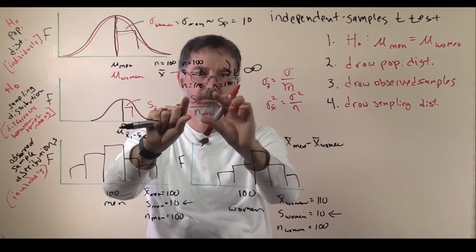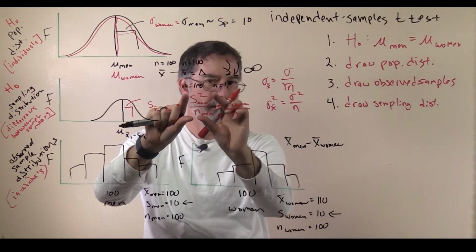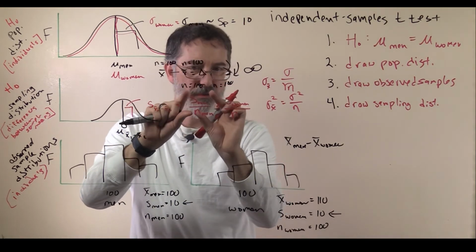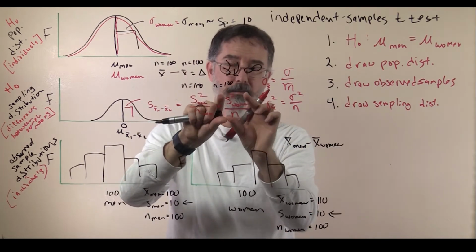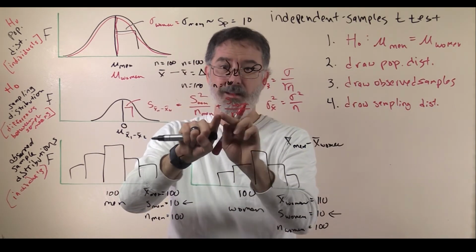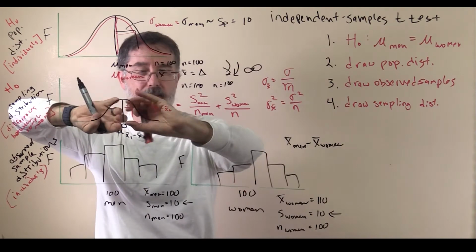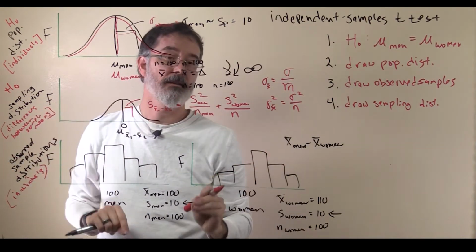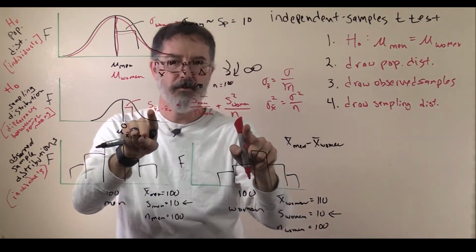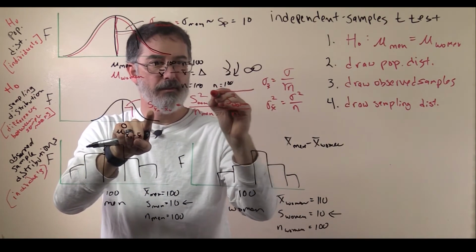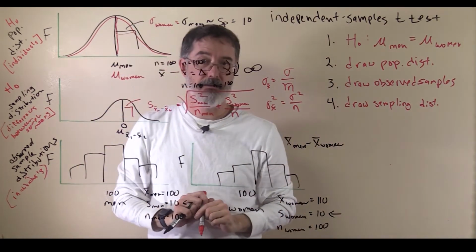So this is kind of the standard error of the men's distribution squared. This is the standard error of the women's sampling distribution squared, and we're adding them together. So that means that this is going to be like twice as wide as it was for one sample t-test. But these are variances, and we want a standard deviation, so we have to take the square root of our variances to get back to standard deviation units.